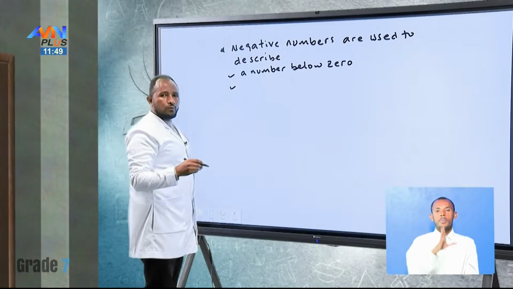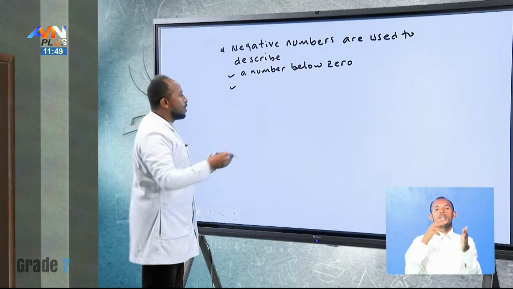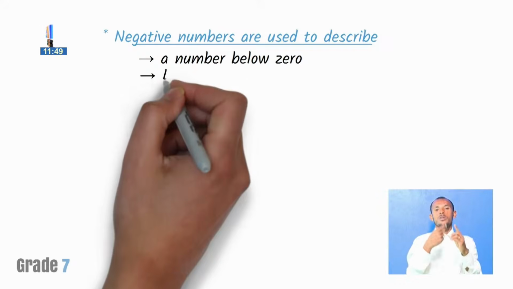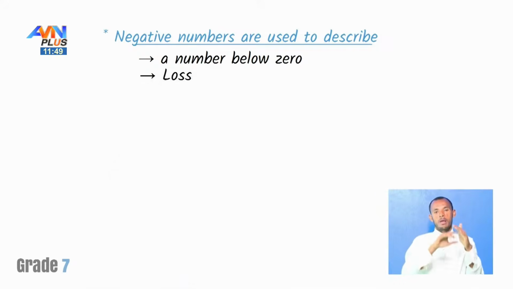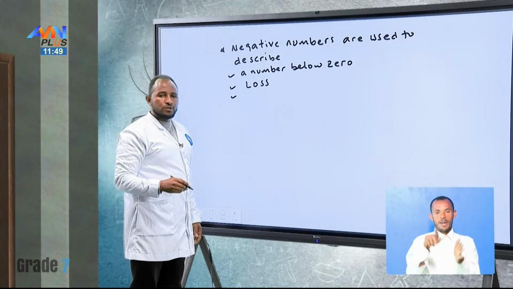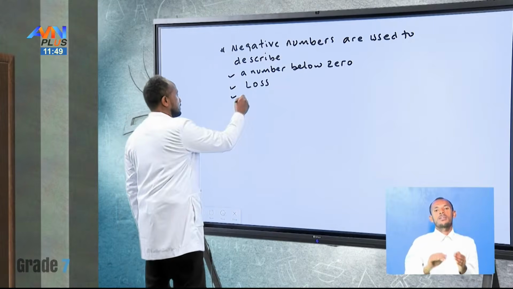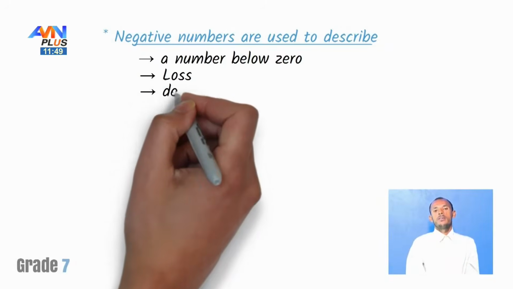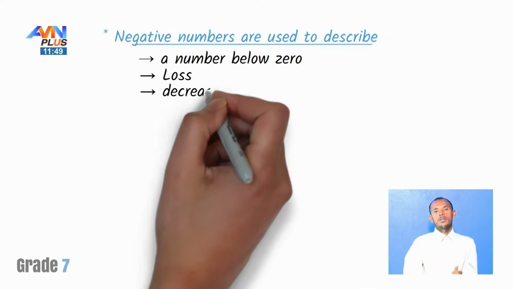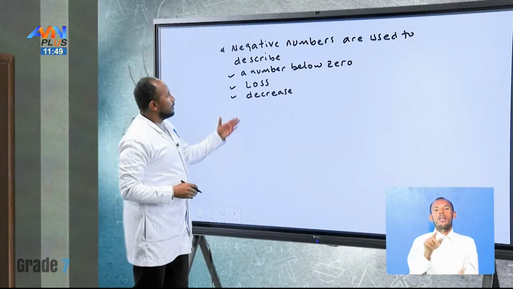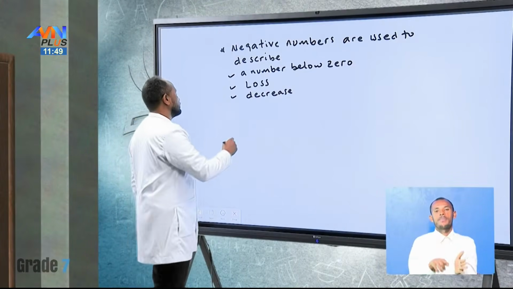And we use negative number to describe loss. We use negative number to describe decreasing in certain thing. If certain value decreases, we use a negative number.